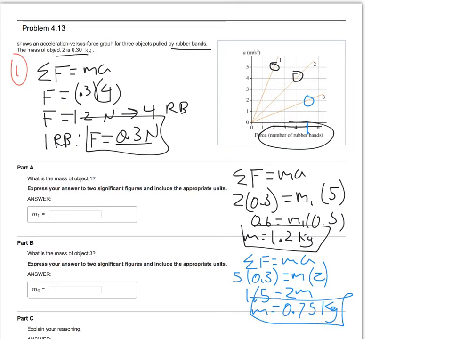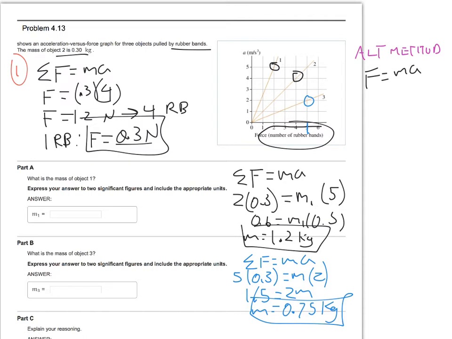There is an alternate method that we can look at here, and that is using the equation F equals ma. There's another way of doing this problem, and that is, once again, using the equation F equals ma, but thinking about what that relationship shows between those variables and what that would look like on a graph. So let's start with that equation, F equals ma.